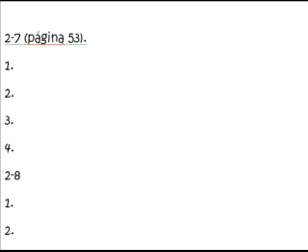Si me acompañan por favor a la página 53, la actividad 2-7. This one we're using the form with de to show possession, not possessive adjectives. So it's going to sound like the bicycle of the grandmother.